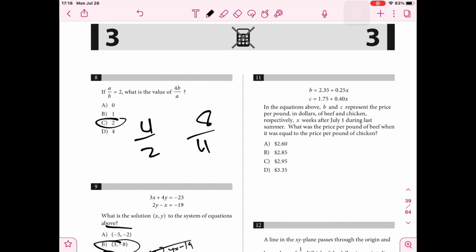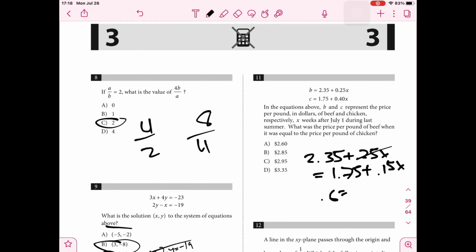B and C represent price per pound of beef and chicken respectively. Okay, so you just set them equal to each other, so that's 2.35 plus 0.25x. So just cancel that, and that's equal to 1.75 plus 0.15x.